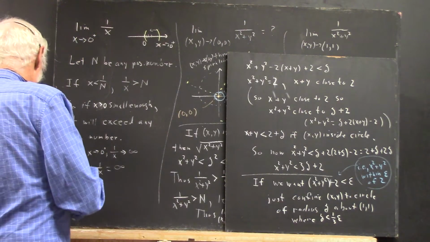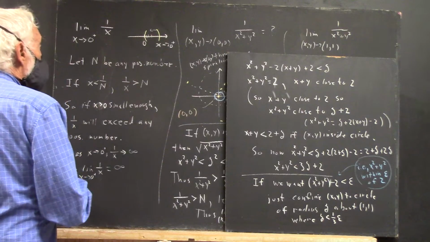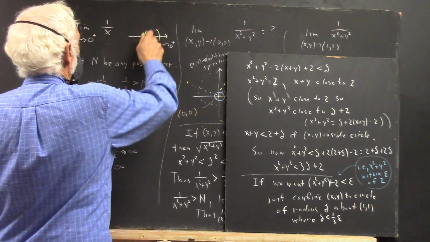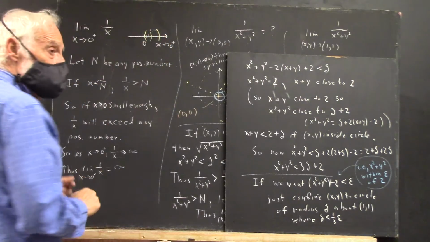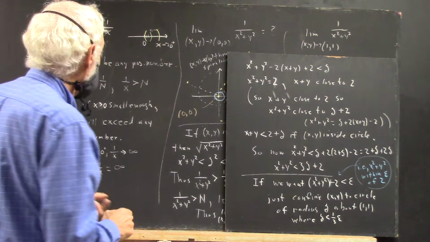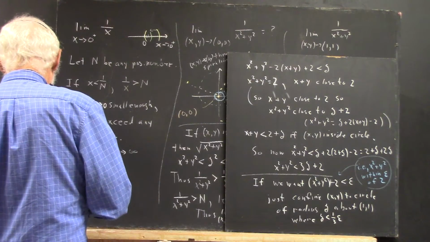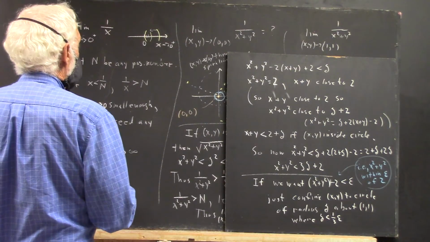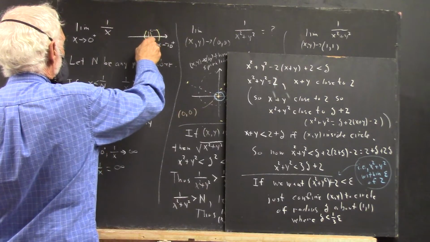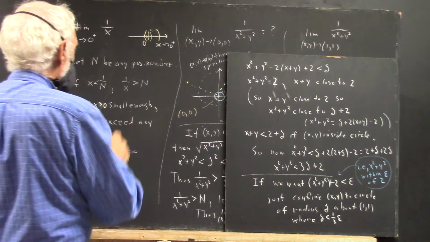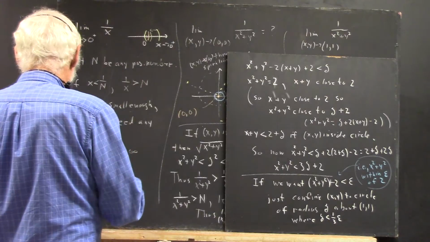Then a little bit later, we're restricting it to this interval. Then we're restricting it to an even smaller interval. So you have this sequence of intervals.